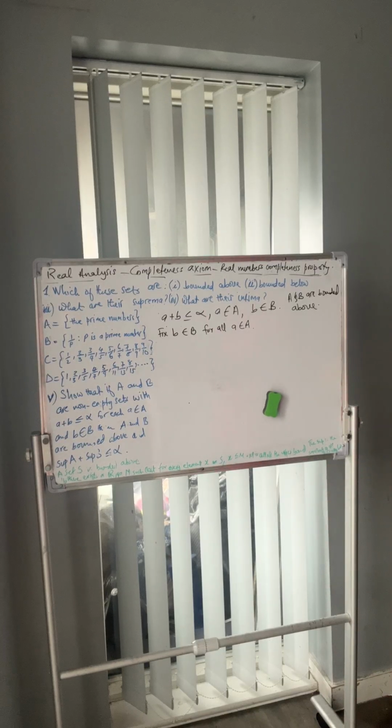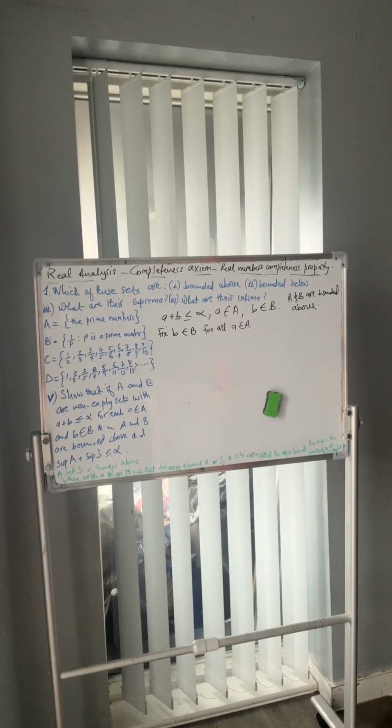For this sort of problem, you have an inequality and you have a lot of variables. So you always try to fix one variable. When you fix one variable, that will simplify the problem.